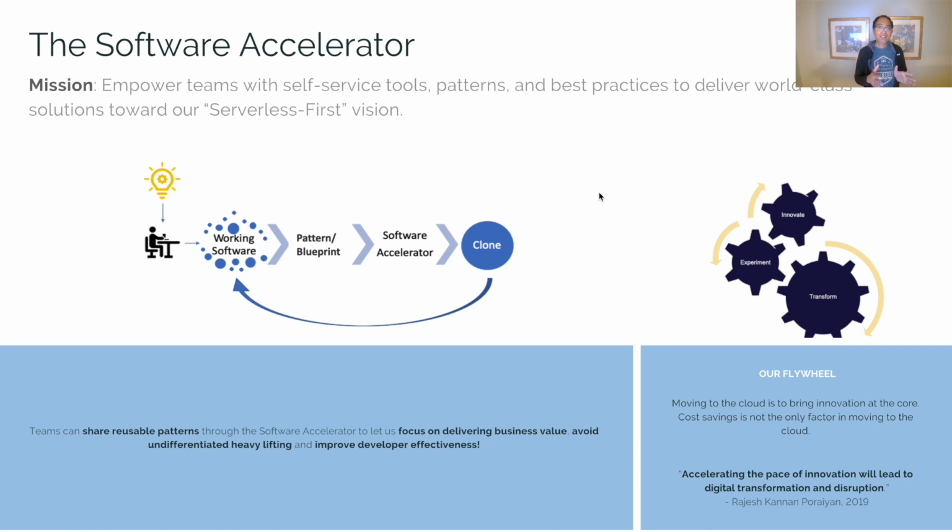So if you have an idea, you should be able to create a working software, and if you're proud of it, you should be able to create a pattern out of it, publish it, so that the next team can just get it instantly and then iterate on it, create a new enhancement or a new pattern out of it. So it's like the flywheel effect, right?